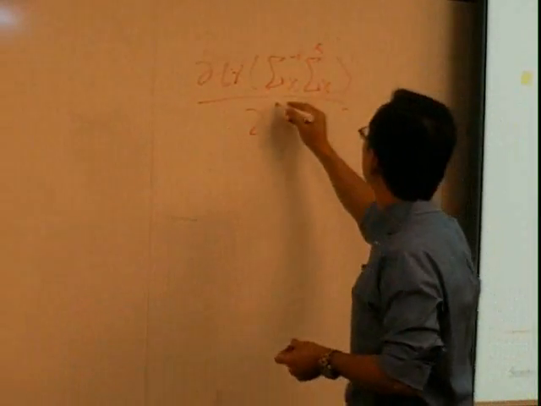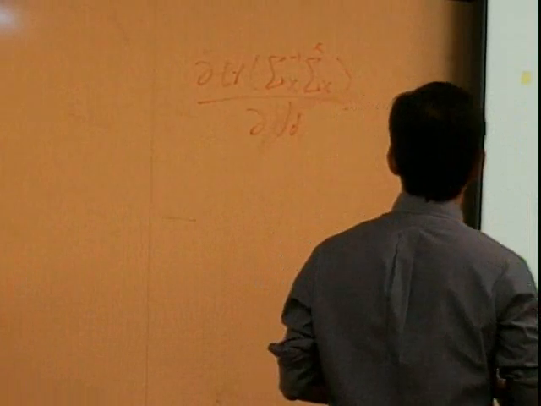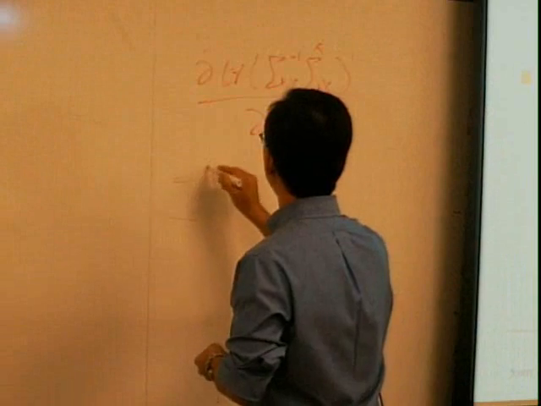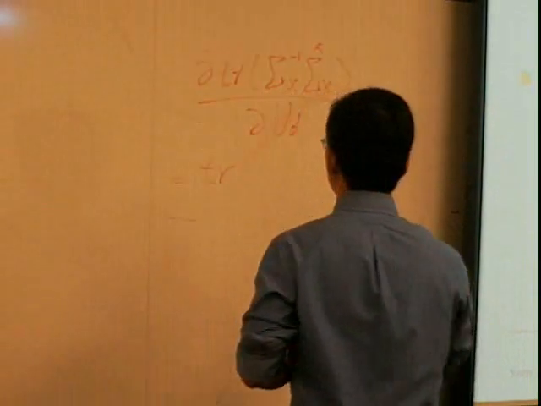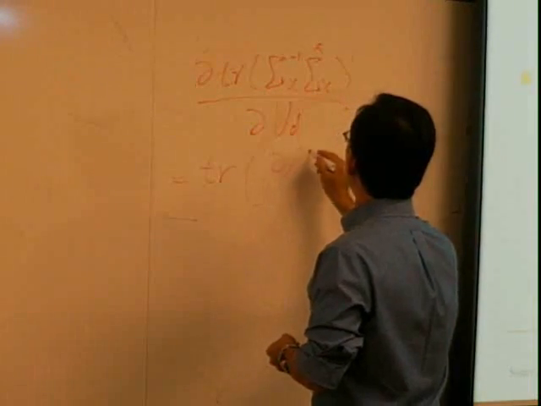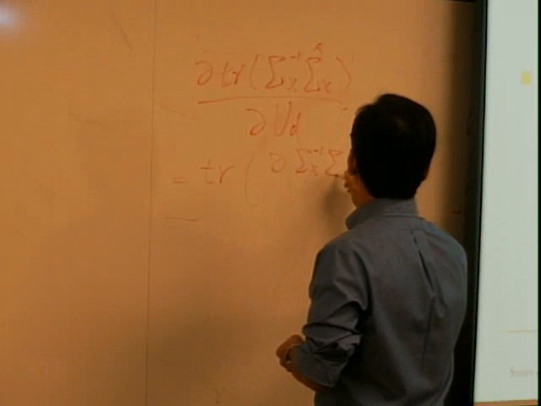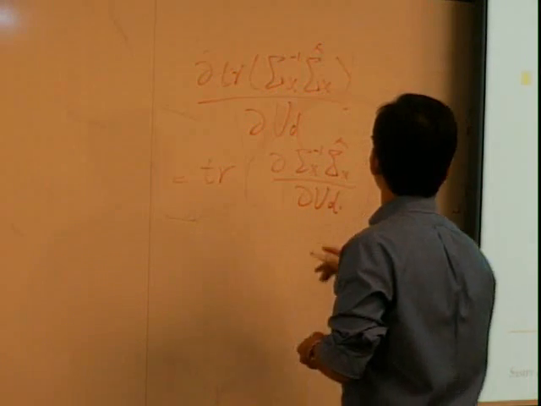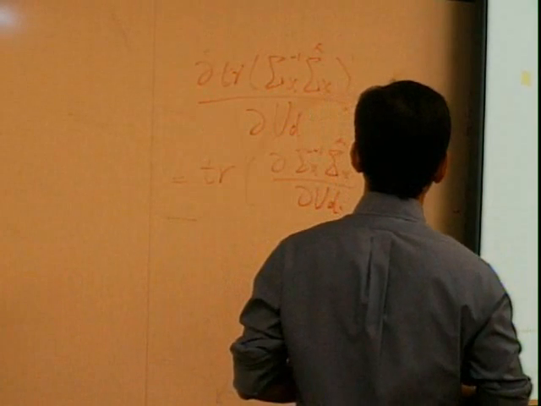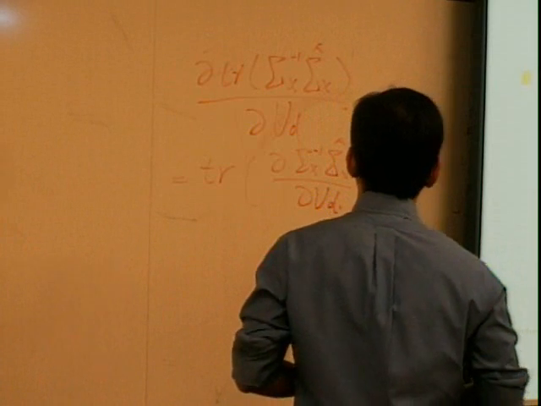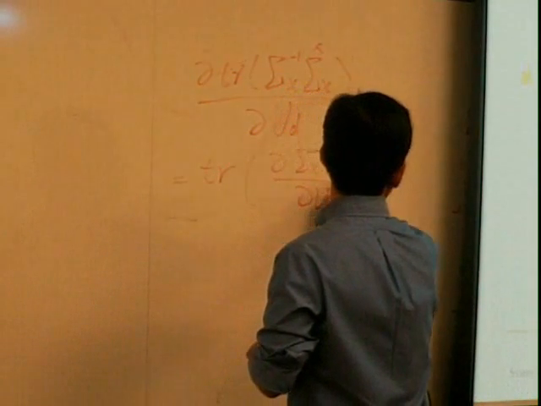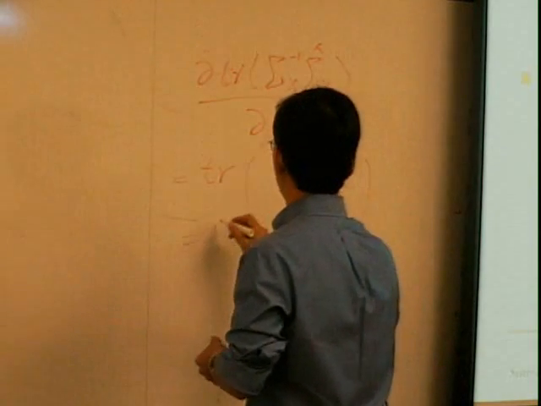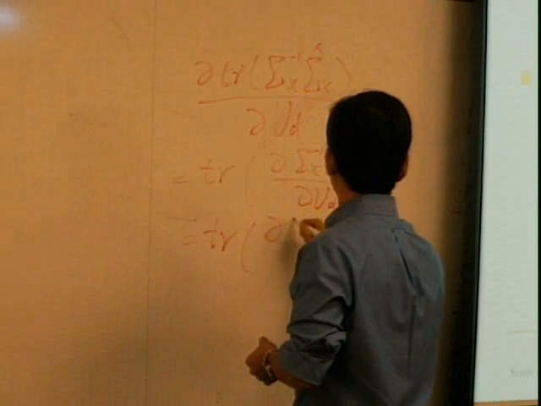What do I compute? I compute this guy. What I can do is bring the derivative inside the trace, the partial derivative of the covariance of X inverse. This term has nothing to do with ud, right? This one is a constant matrix, so I can bring this out.